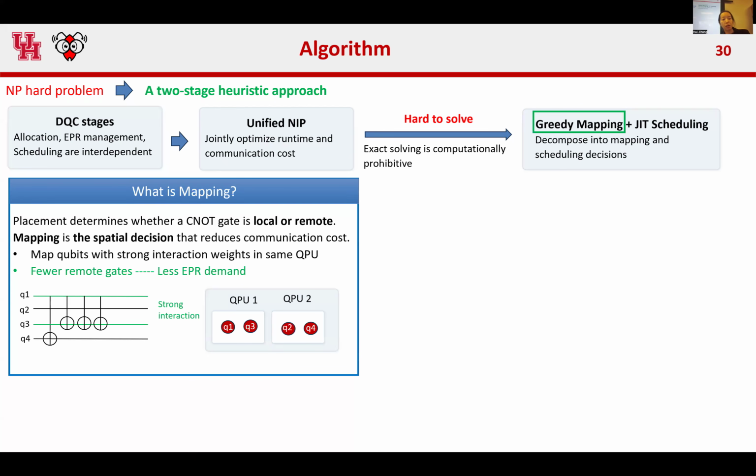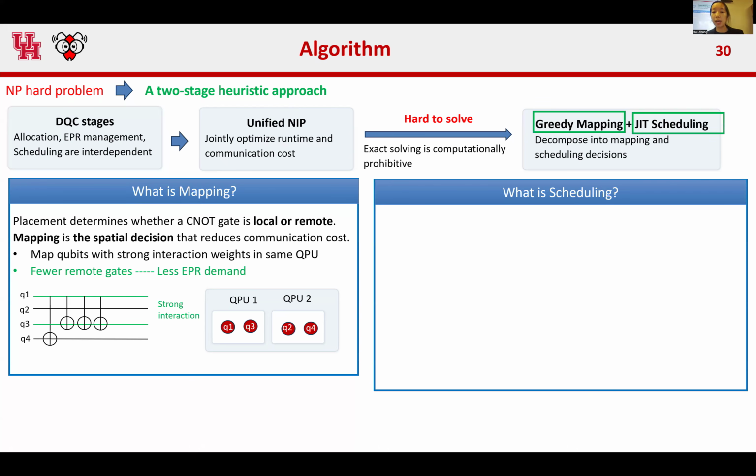Here's the example. We can see Q1 and Q3 have strong interaction, right? Because they have three CNOT gates. So we will allocate Q1 and Q3 to QPU1 and allocate Q2 and Q4 to QPU2.